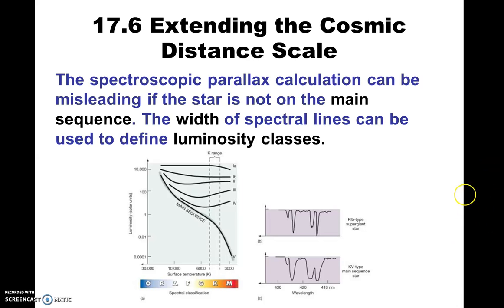Because of these very broad, wide absorption lines, that tells you that it's a luminosity class 5, and we use the Roman numeral V. And so anything that's a class V for luminosity class is on the main sequence. It's very important to understand that.